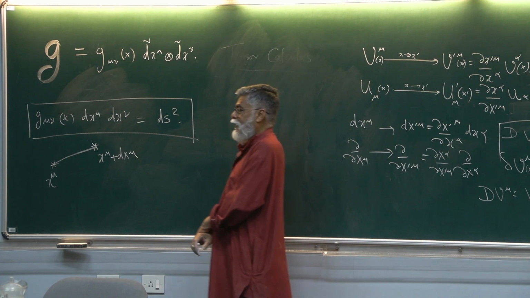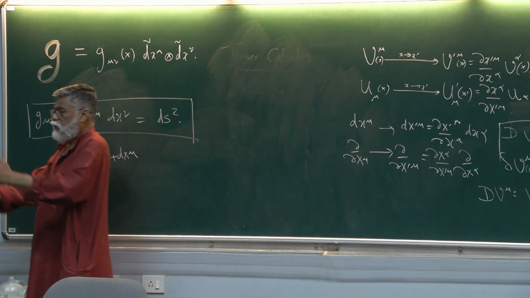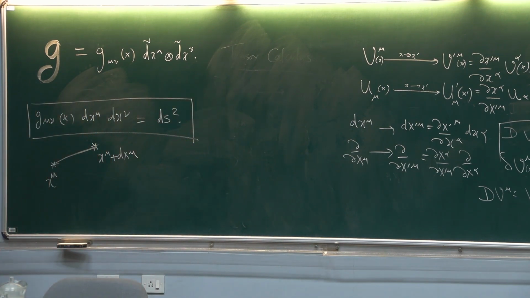Now you say that, well, I am a physicist. I want to know what it means in the real world. Einstein, go back to my first lecture. What did I say?